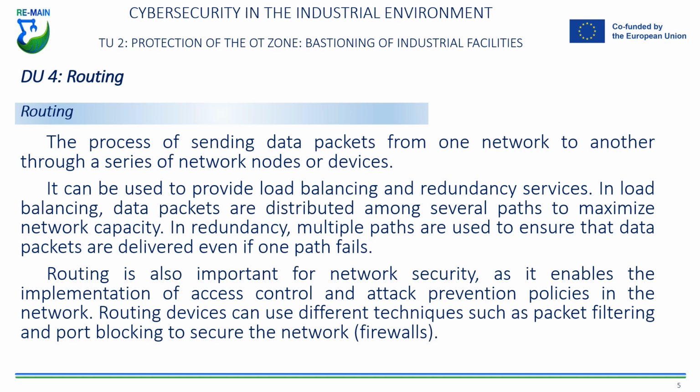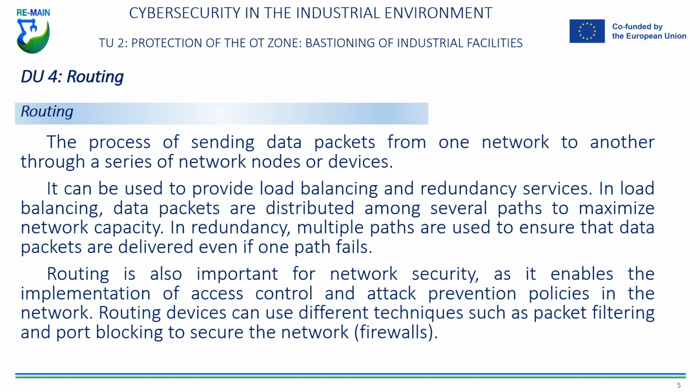Routing is a fundamental part of Ethernet-based networks, as it enables communication between devices on different networks. When a device sends a data packet to another network, the source router analyzes the destination address of the packet and determines the best route to send it.